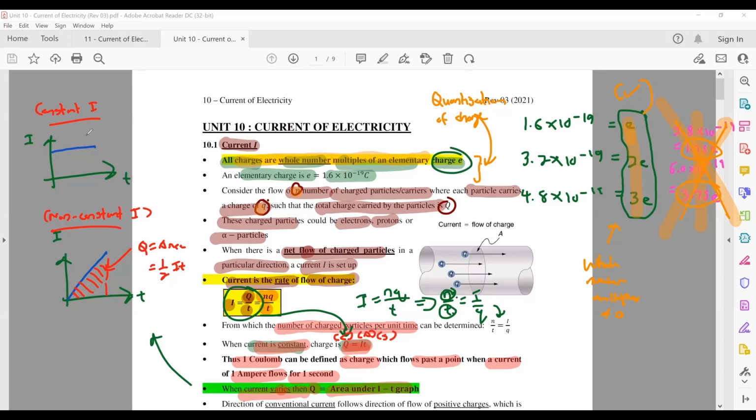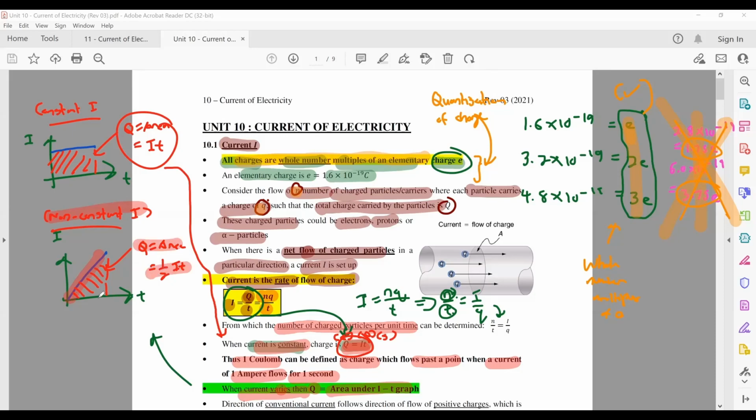Okay, it's actually also still the area under the graph in general, but here what you get is Q, the area under the graph, is actually just It. That's why we can say that only for constant current, charge is It. If your current varies, like this one, you would have to take the area under the graph.